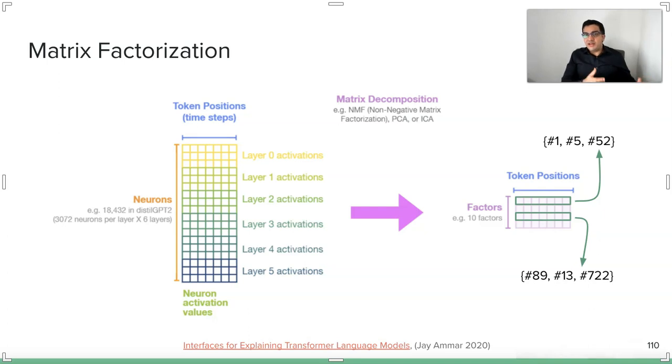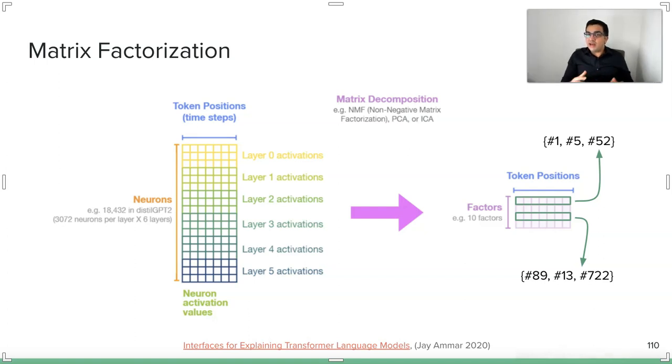Consider the matrix on the left, where all neurons from all layers are stacked as rows, and each column represents a time step. Passing this matrix through non-negative matrix factorization with a set number of factors, let's say 10, results in 10 groups of neurons. Each of these groups will also have activation values associated with each time step, just like a neuron, where these activations are actually an aggregation over the neurons in that group.